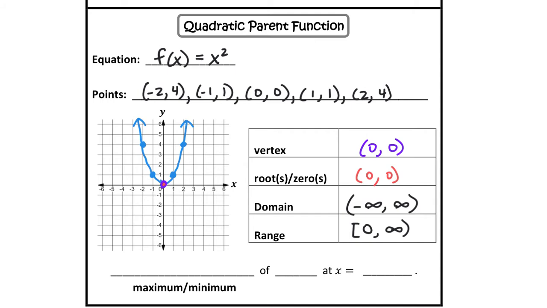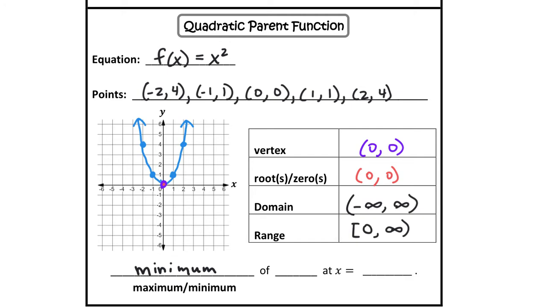Where is the minimum or maximum of this point? Do we have a minimum or maximum? Do we have a lowest point? Because the arrows go up towards infinity, so there's not really a highest point because these arrows are going to keep going and not stop. But there is a defined minimum point. So I'm going to write minimum. There's a minimum of what's the lowest y value that it goes?